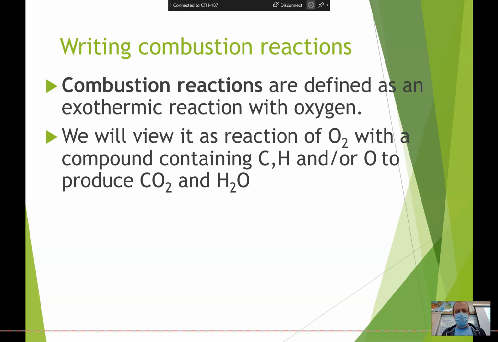But you react something with oxygen to produce CO2 and H2O. And of course, we burn gasoline and things like that, and we're doing too much combustion. We're getting too much carbon dioxide in the atmosphere. That's one of the things that's causing some problems right now.